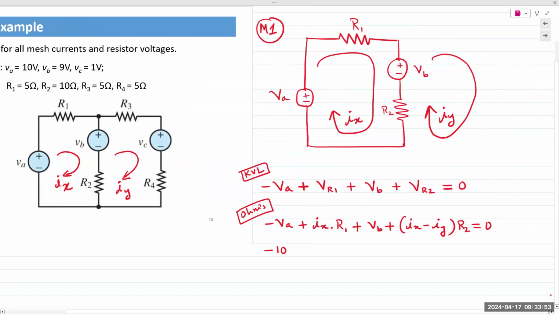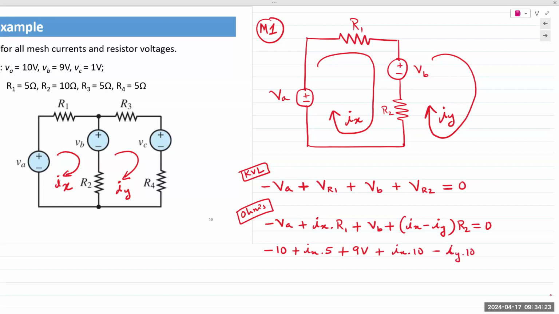VA is 10. IX is our variable. R1 is 5. Plus VB is 9 volts. And then R2 times IX. R2 is 10 ohms. So I'm going to write IX times 10 minus IY is IY times 10. So 0.